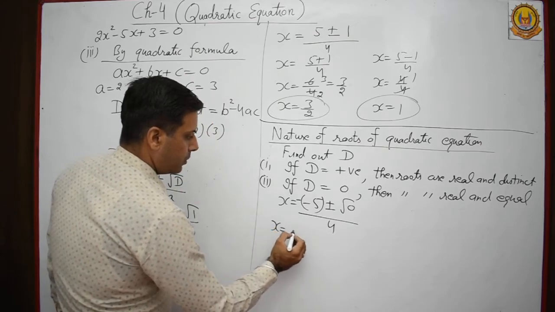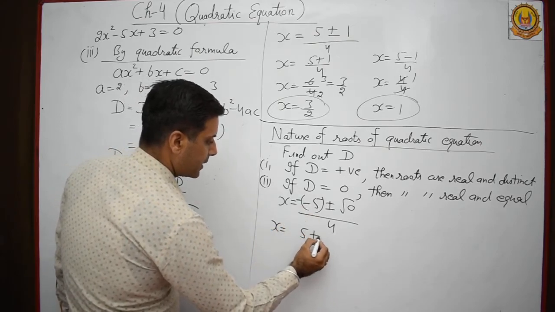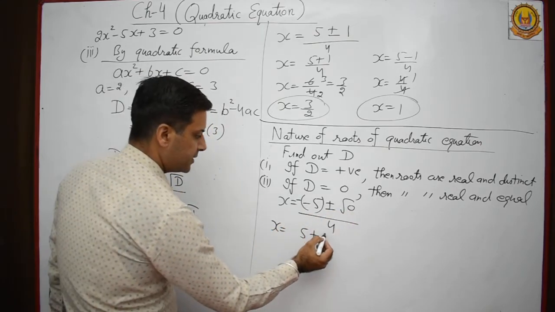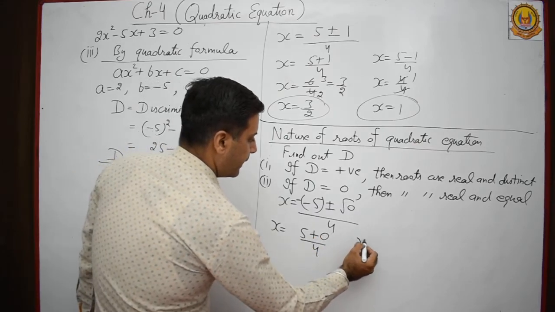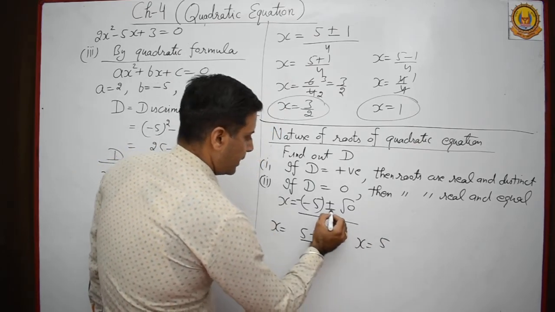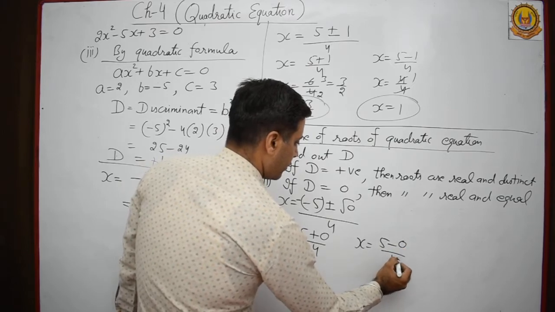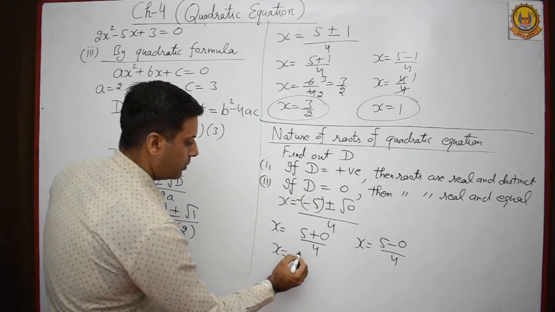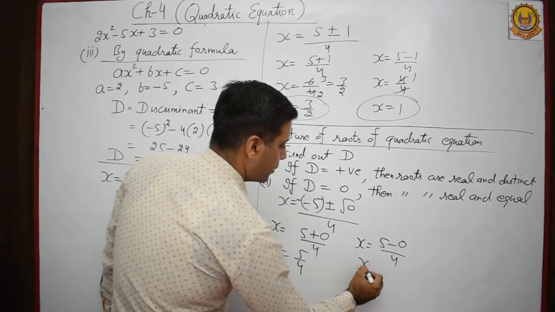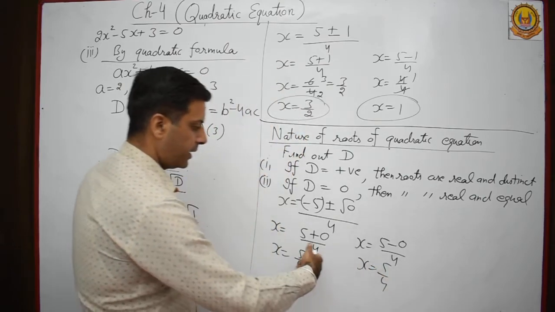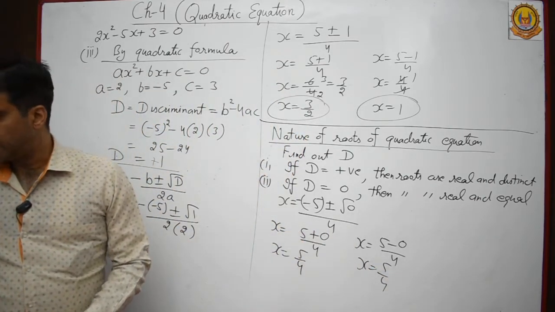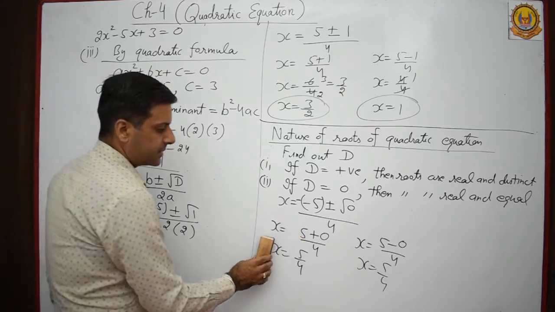So x equal to 5 plus the square root of 0, that is 0, by 4, and 5 minus 0 by 4. So look here, x equal to 5 by 4 and x equal to 5 by 4. The roots are real but equal, the same.